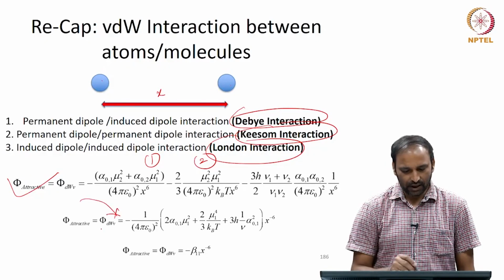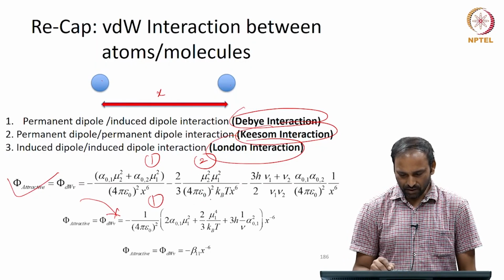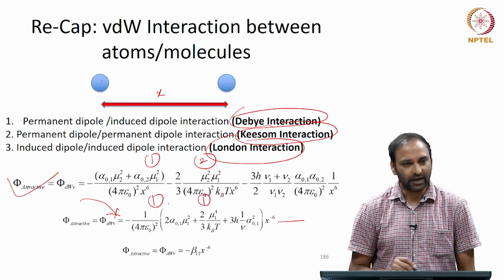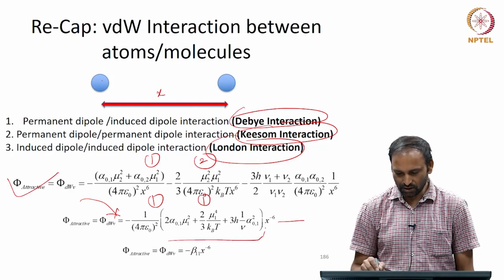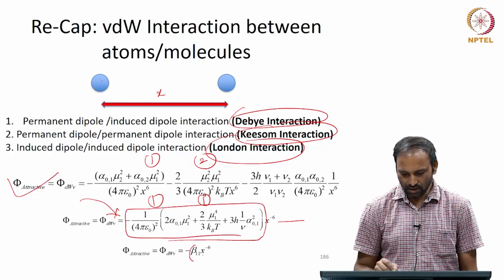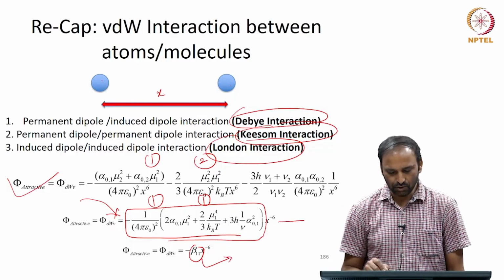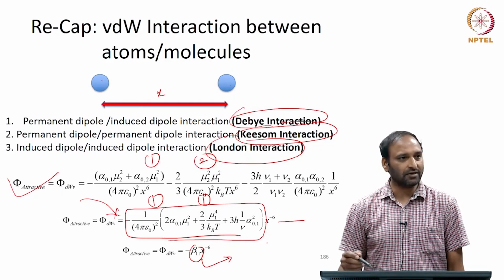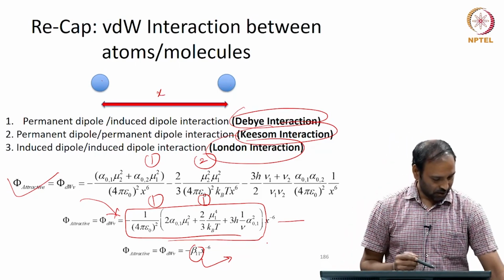That simplifies to this equation for interaction between two similar atoms, and we said that all this constant here is your beta. I also mentioned that this is analogous to the attractive term in the Lennard-Jones potential.